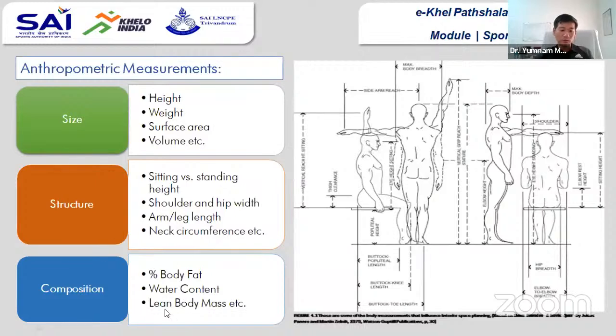Lean body mass, most of the time you have heard about this. I'll explain it in the body composition part. So these are some of the things anthropometric measurement does: size, structure, and composition study.